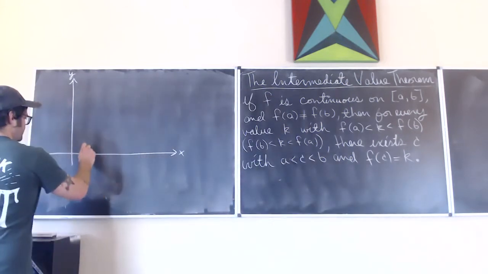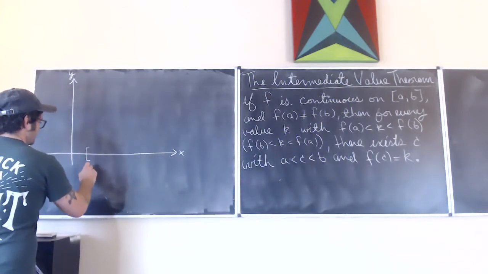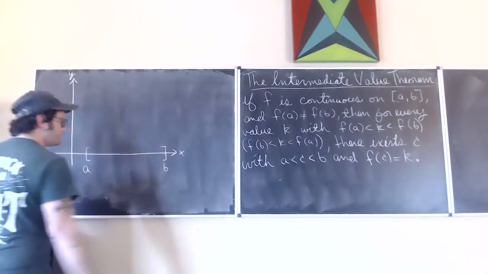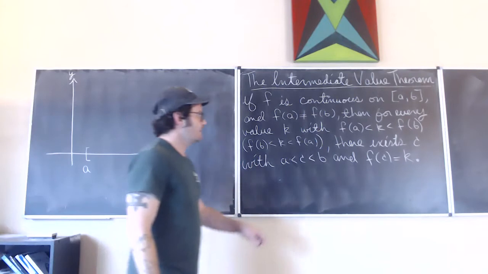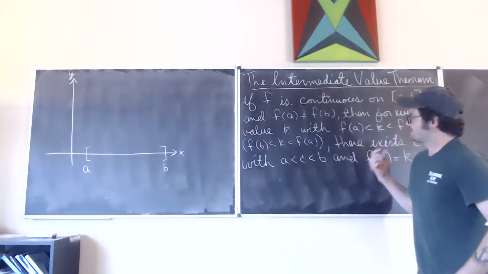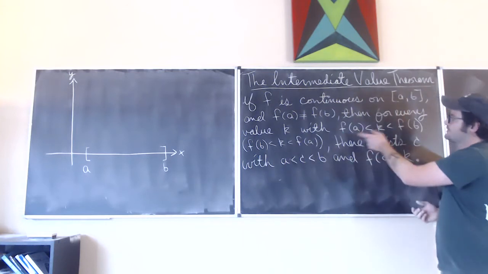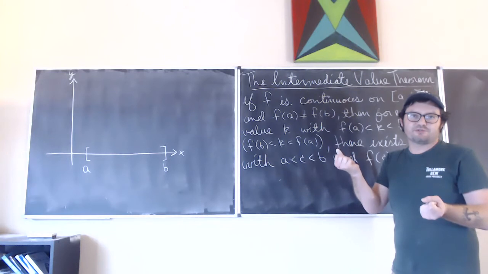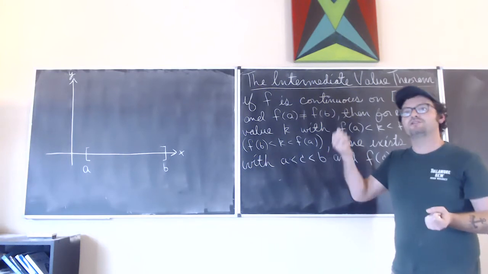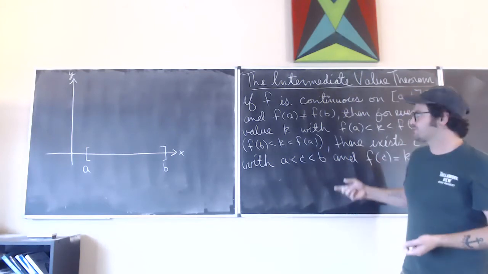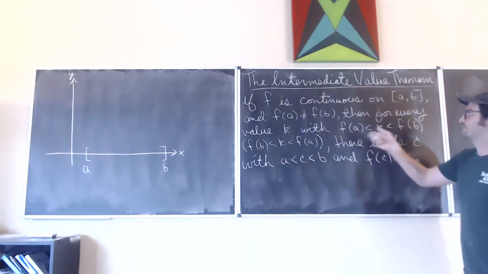So here's a, here's b. Okay, and we're supposing that f of a doesn't equal f of b. So let's assume that f of a is smaller than f of b. One of the two possibilities is going to hold. Either f of a is smaller than f of b, or f of b is smaller than f of a. But let's just assume for now that f of a is smaller than f of b.